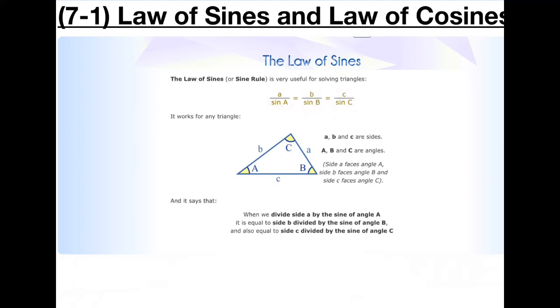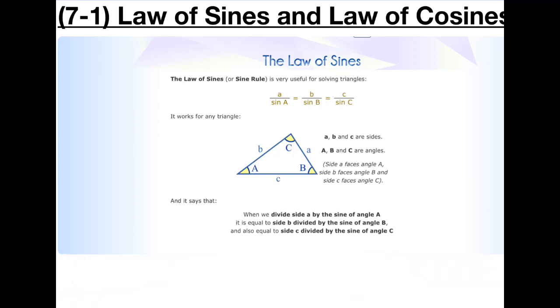So this is called law of sines, which is a very useful law. We will use it in many questions, and it will facilitate the solving process of many questions in trigonometry.